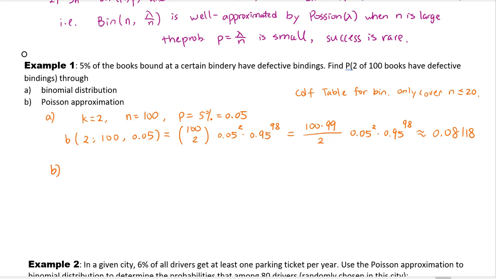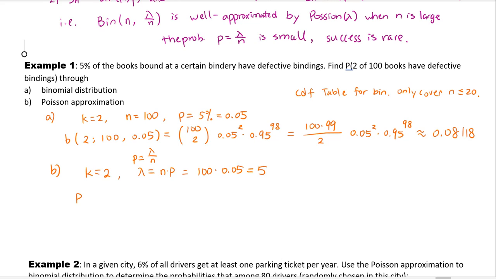All right, part B, use the Poisson approximation. Here K is again 2, but then what is lambda? Remember, p equals lambda over n, so lambda equals n times p. n is 100, p is 0.05, so that's why it's 5.